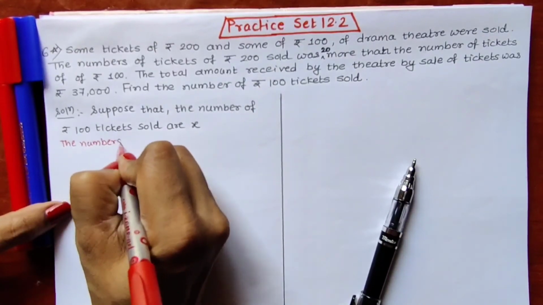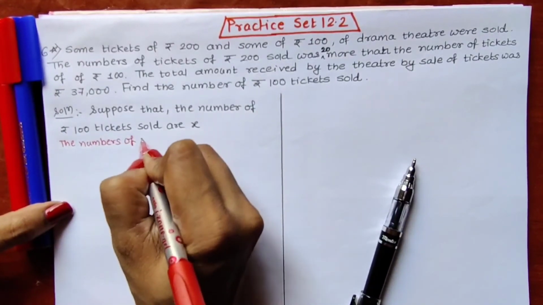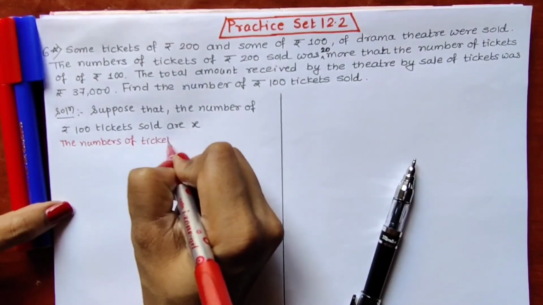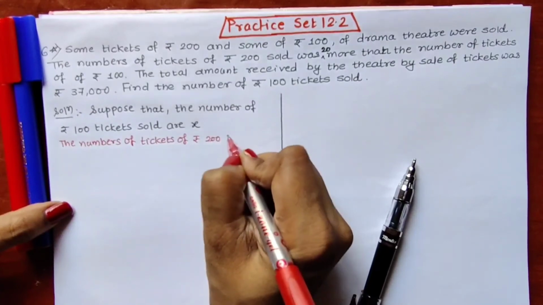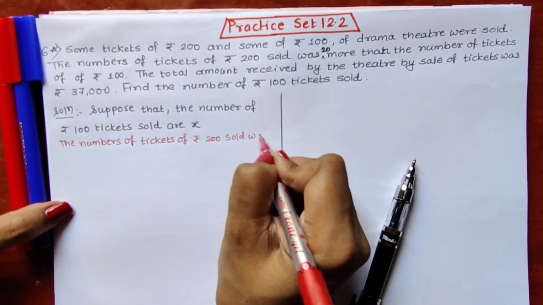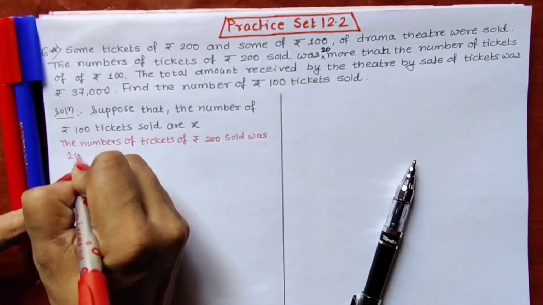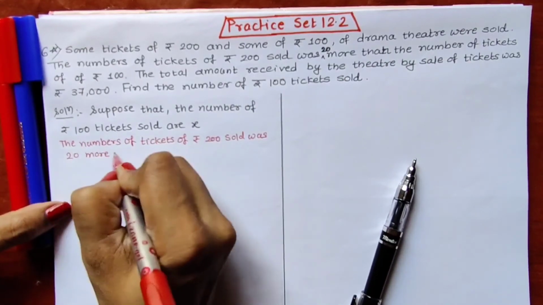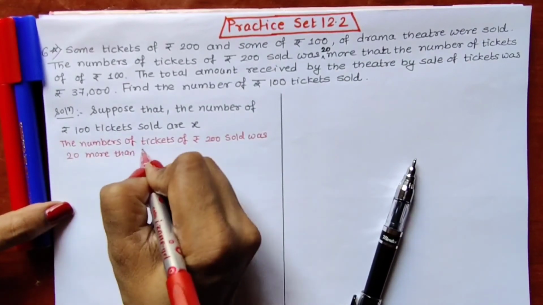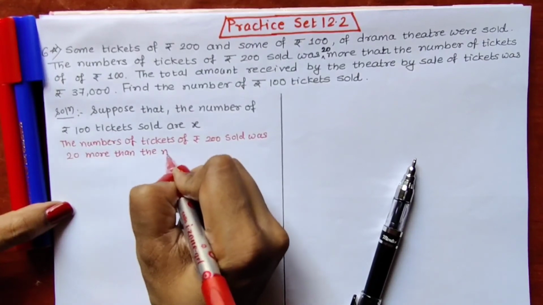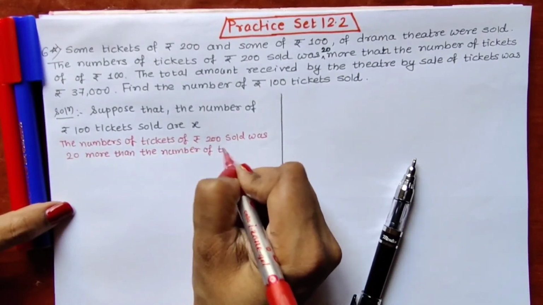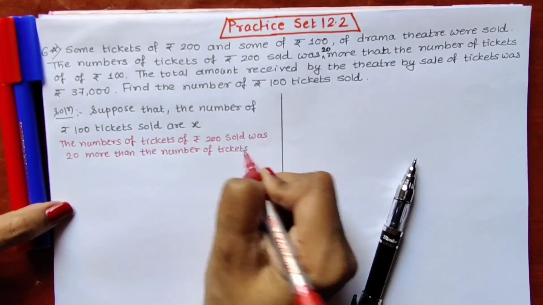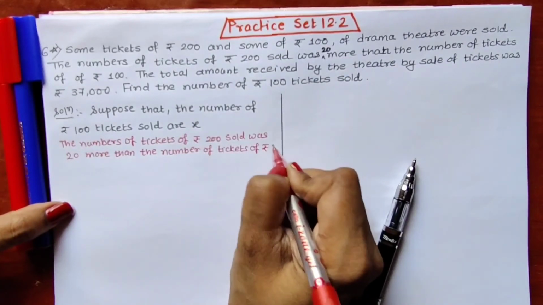The number of tickets of rupees 200 sold was 20 more than the number of tickets of rupees 100.